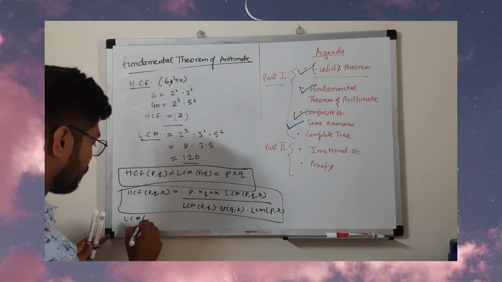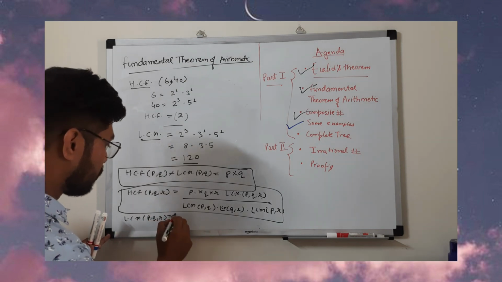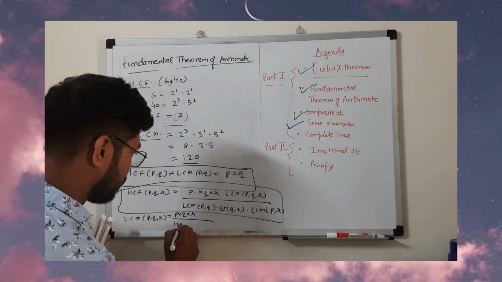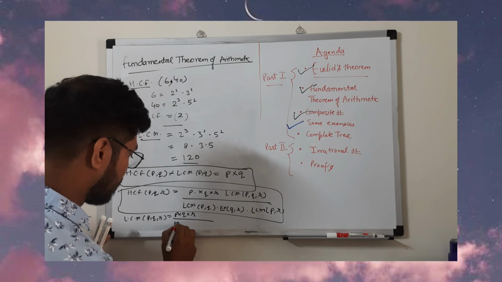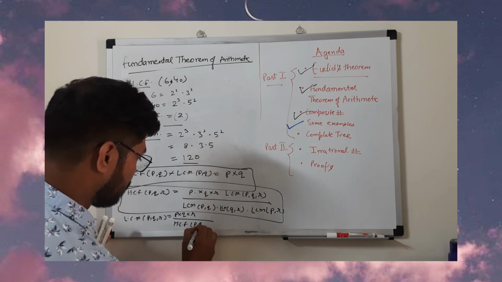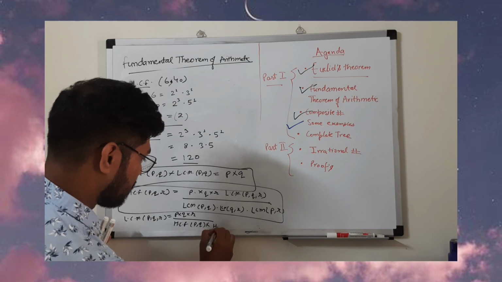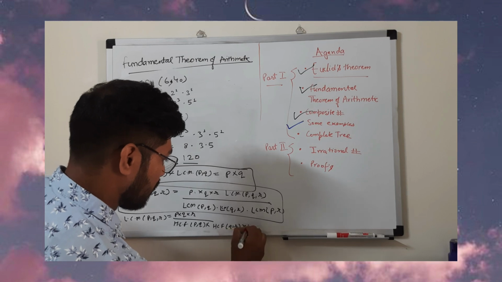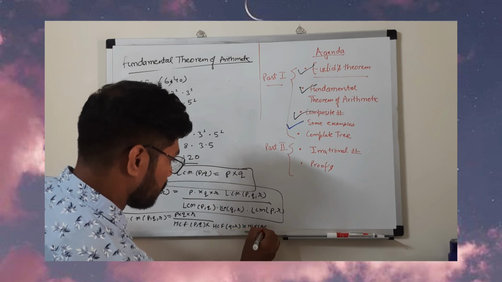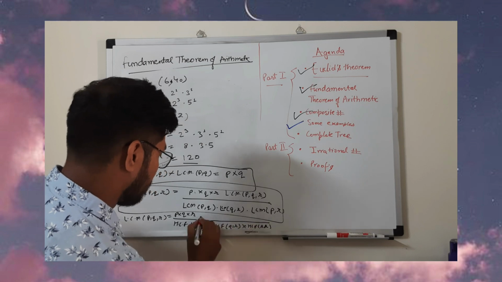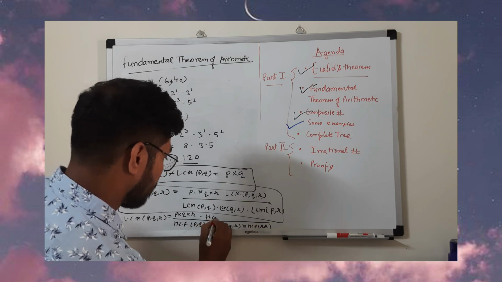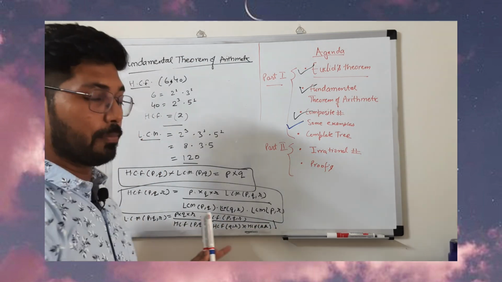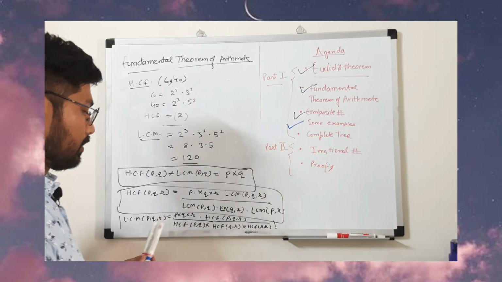LCM of the three numbers P, Q, R is equal to P into Q into R into HCF of P, Q, R upon HCF of P, Q, HCF of Q, R, HCF of P, R. So these three formulas are very important from your exam perspective, so please learn them.